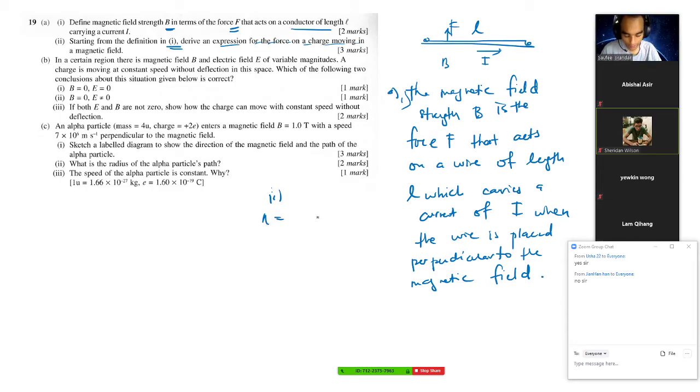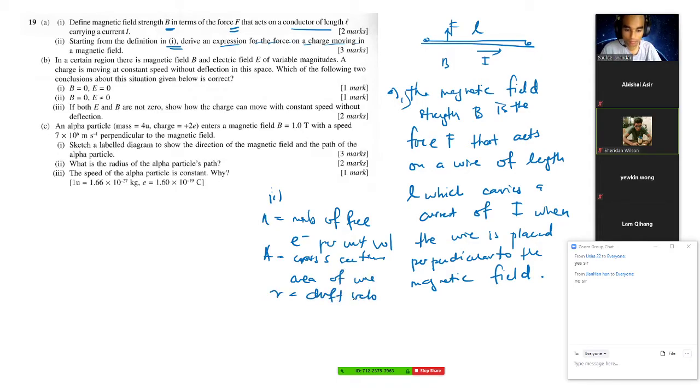N will be the number of free electrons per unit volume, A will be the cross-sectional area of the wire, V the drift velocity, and Q will be the charge.